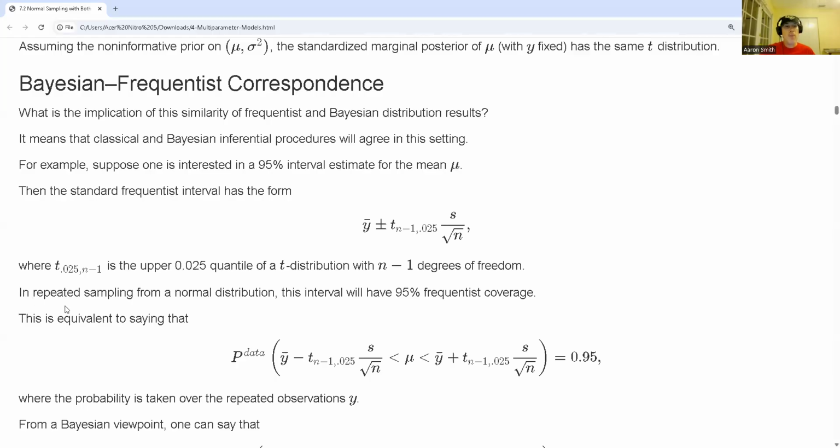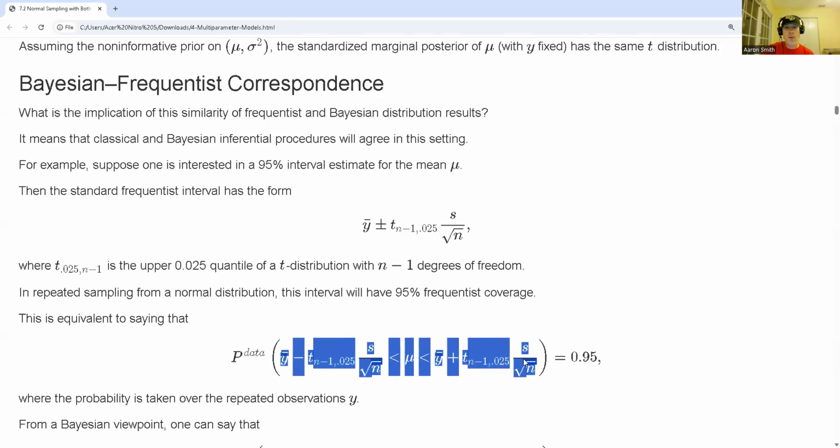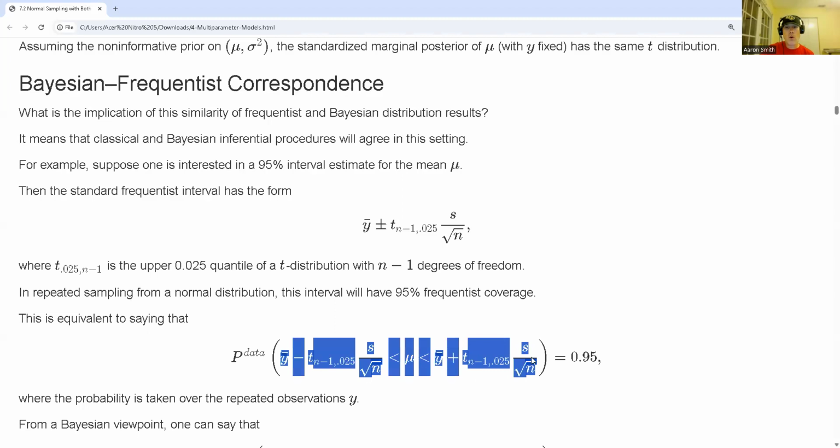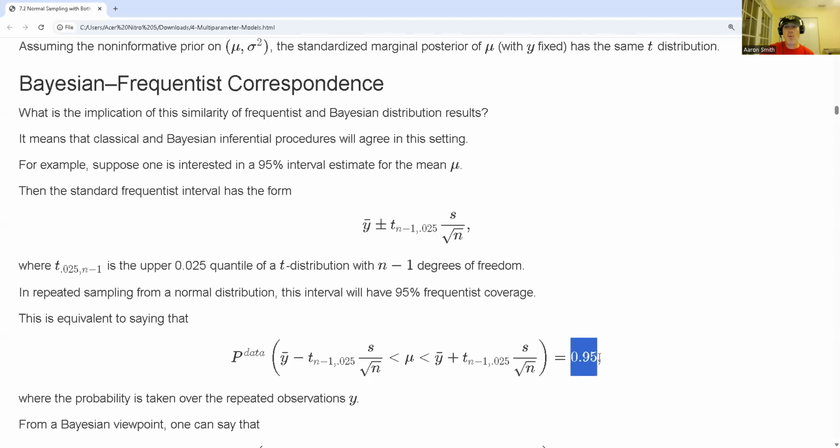In repeated sampling from the normal distribution, this interval will have a 95% frequentist coverage. This is equivalent to saying that the probability that my data is going to satisfy this inequality is equal to 95%, where the probabilities could be manifested by repeatedly taking observations.